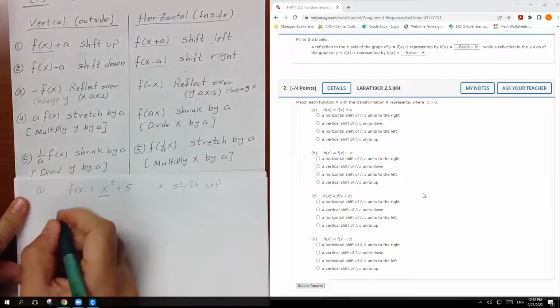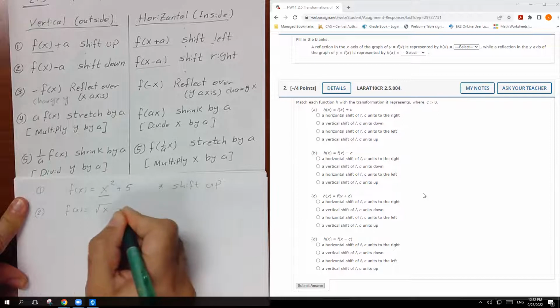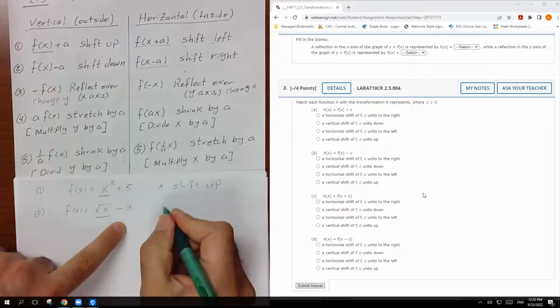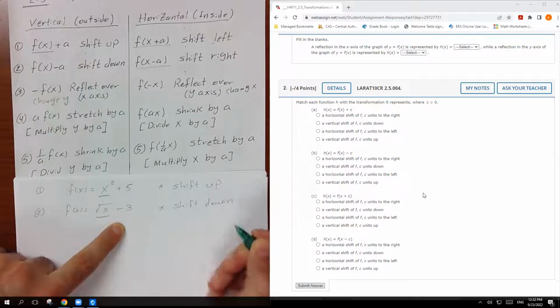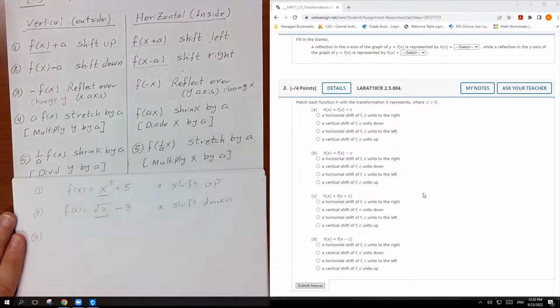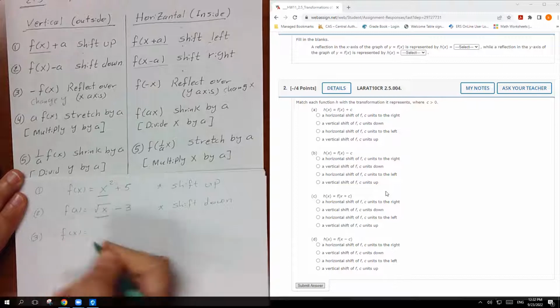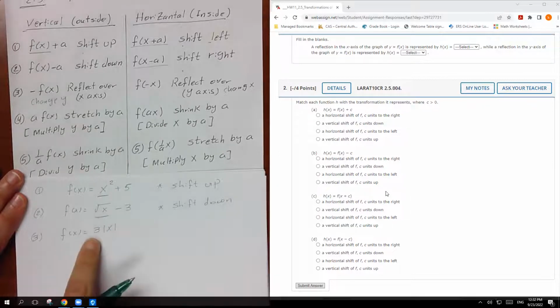Here's another example. If you have f of x equals square root of x minus 3, this is the basic function. Minus 3 is outside, so it's going to be shift down. Here's another example. If you have a number outside, for example, f of x equals 3 times absolute value of x, here is a number outside.